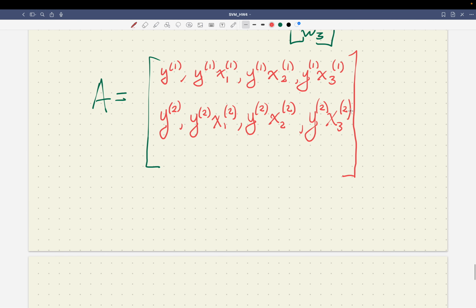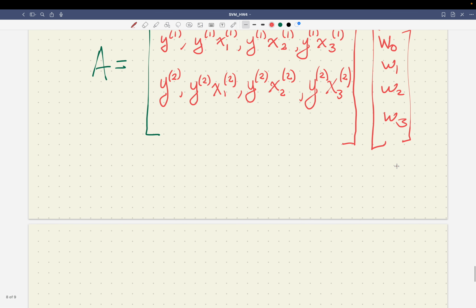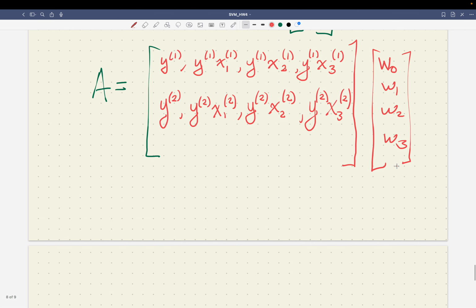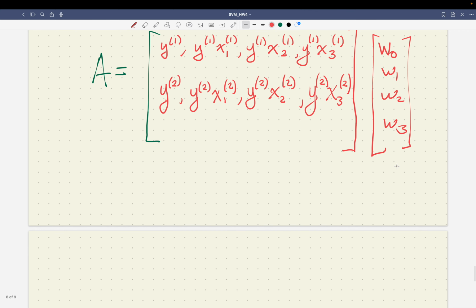So we're going to be multiplying this times W. So here's what W is: W0, W1, W2, W3.